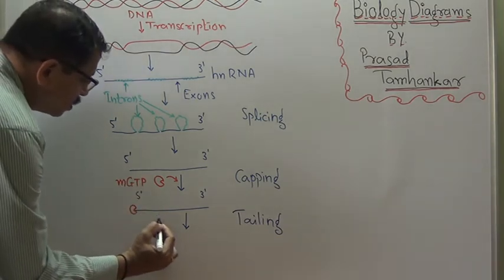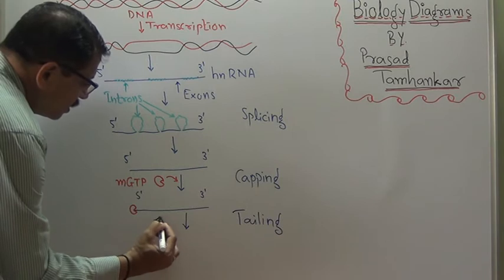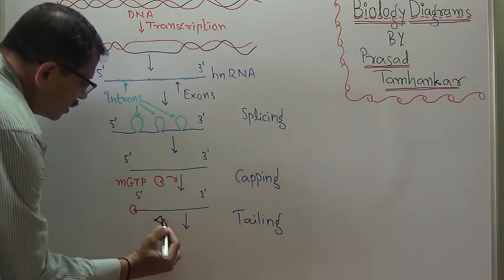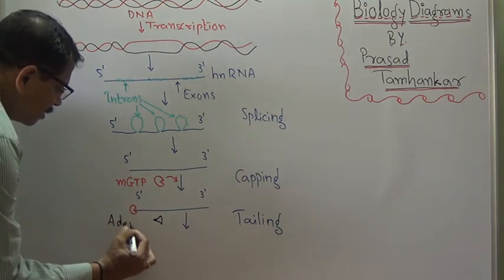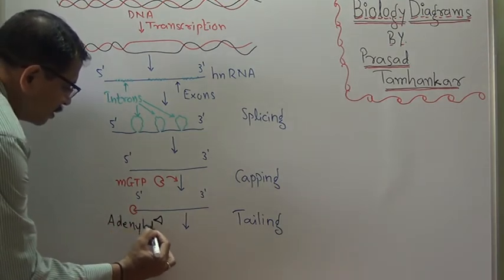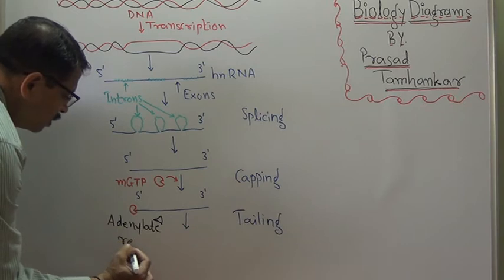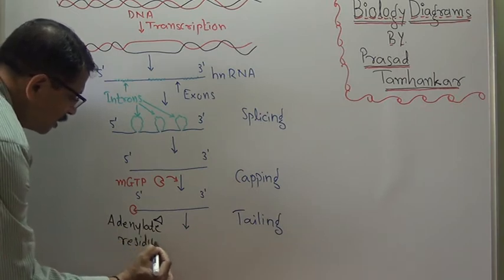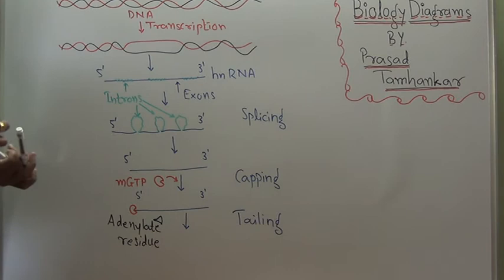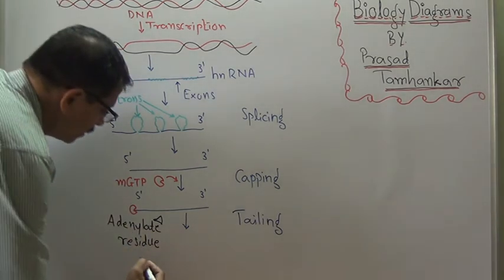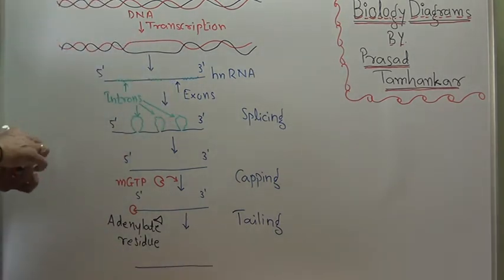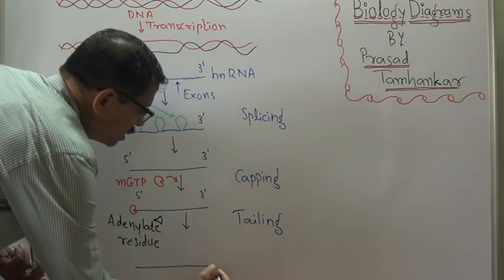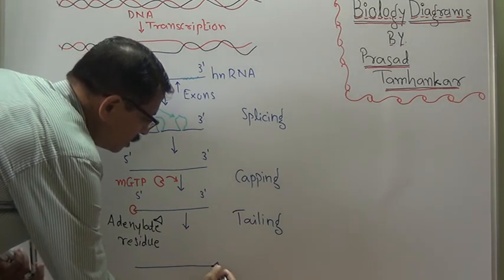So here we'll show the presence of this one, adenylate residue, and this adenylate residue will be added at the 3' end. So then it will become like this. This is hnRNA. Now we are adding this adenylate residue on the 3' end.